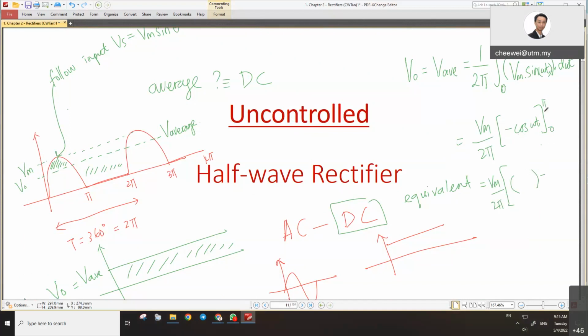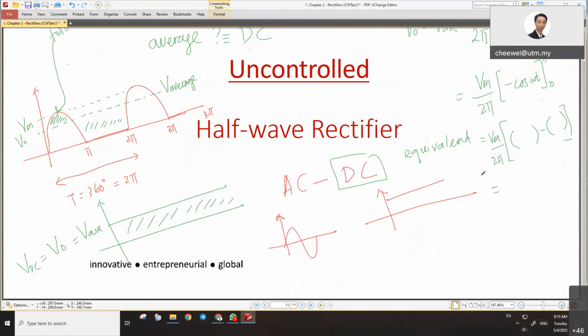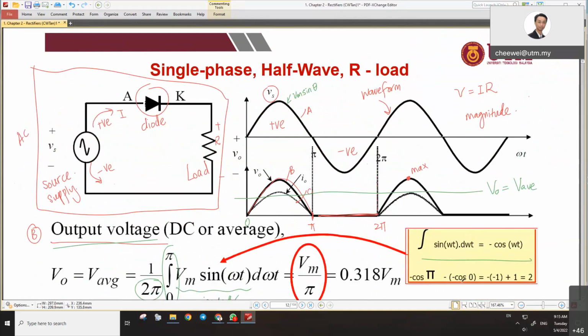So negative cos pi minus negative cos 0. What do I get? Negative cos pi is negative bracket negative 1, minus negative cos 0. Cos 0 is 1, and then negative becomes positive. So it's positive 1 plus 1 equals 2.